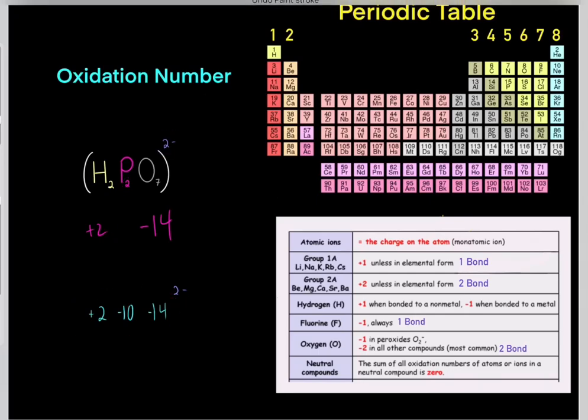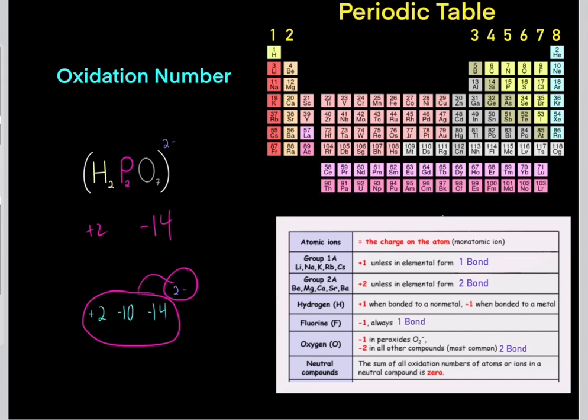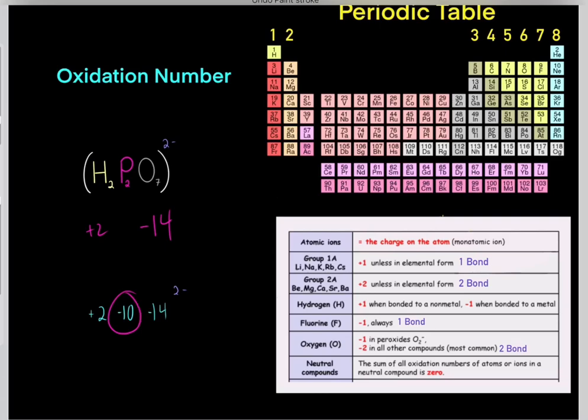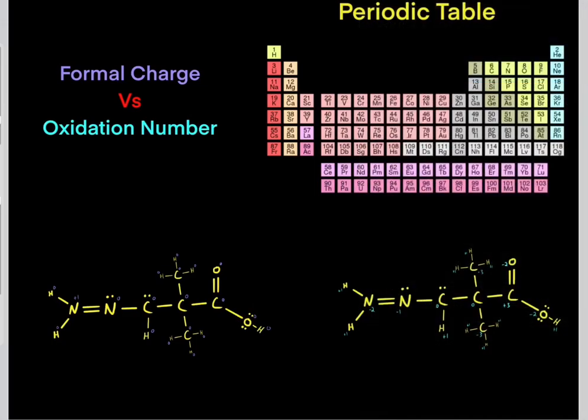Because remember, when you add the oxidation numbers of all these atoms, it must equal the net charge of -2. But again, we have two phosphates. So if two phosphates contribute -10, each phosphate must be -5. That way, there are two of them, so they contribute -10.